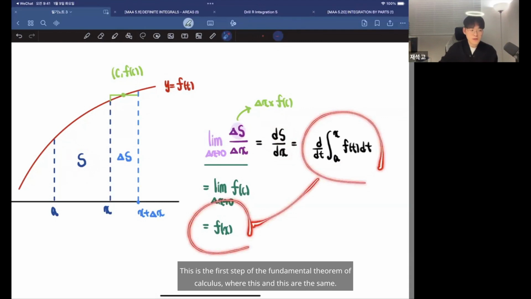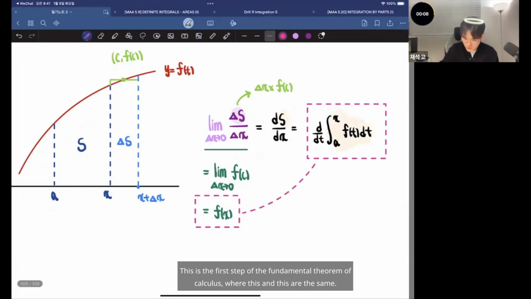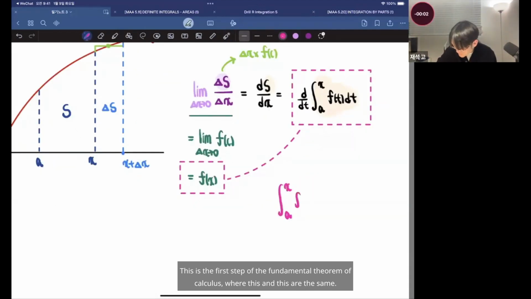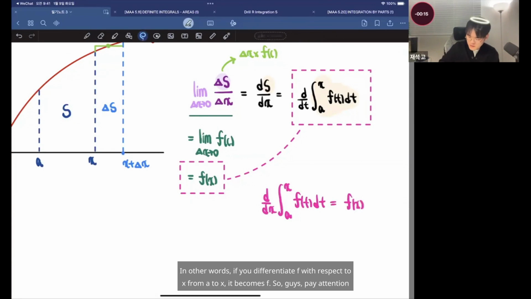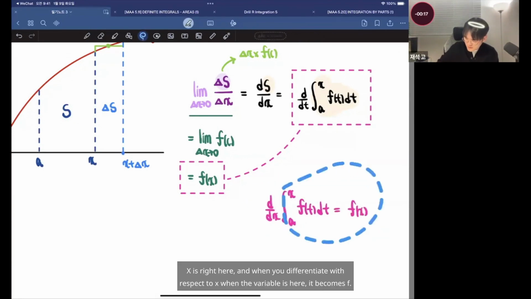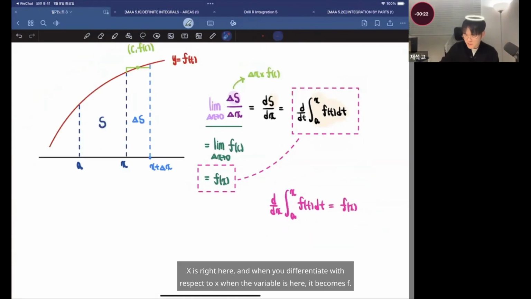This is the first step of the fundamental theorem of calculus, where this and this are the same. In other words, if you differentiate the integral of f from a to x with respect to x, it becomes f. So, guys, pay attention to where x is. x is right here. And when you differentiate with respect to x, when the variable is here, it becomes f.